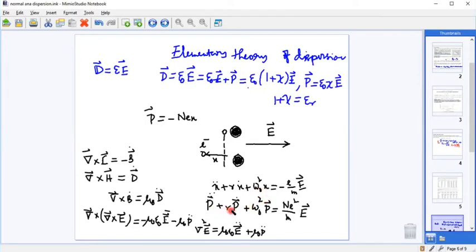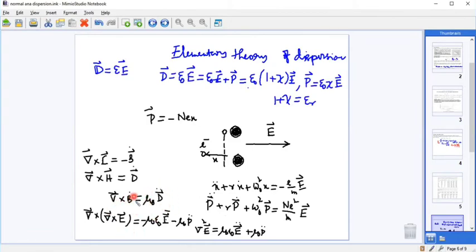P double dot plus R P dot plus omega naught square P equals N e square over m times E. Now we use Maxwell's equations, curl of E equals minus B dot and curl of H equals D dot, to eliminate the polarization vector from the equation, which eventually gives curl of B dot equals mu naught D double dot.